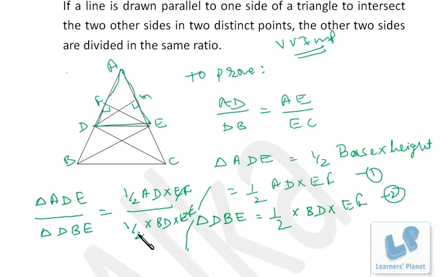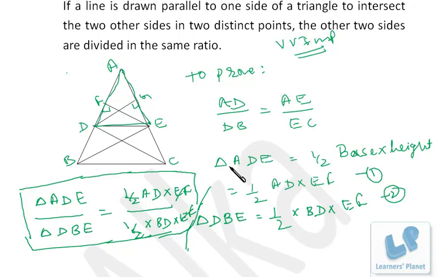Now EF cancels, half and half cancel. That means the ratio of area of triangle ADE and DBE will be equal to AD by BD, right? Now this is an important result. Okay, now let's move forward.